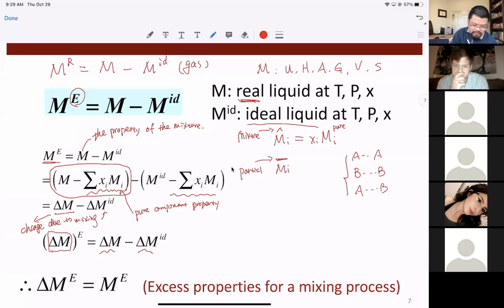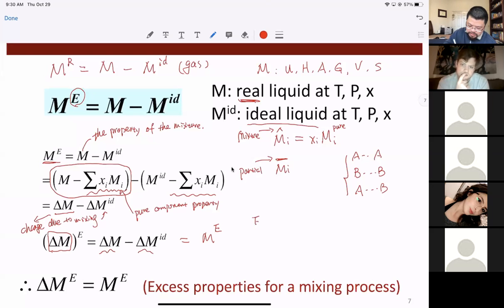And you can see that from the previous equation, this is exactly the same as ME. Okay. So it's a little bit awkward in this equation, but the indication is very useful. That means the excess property is connected with the mixing process.